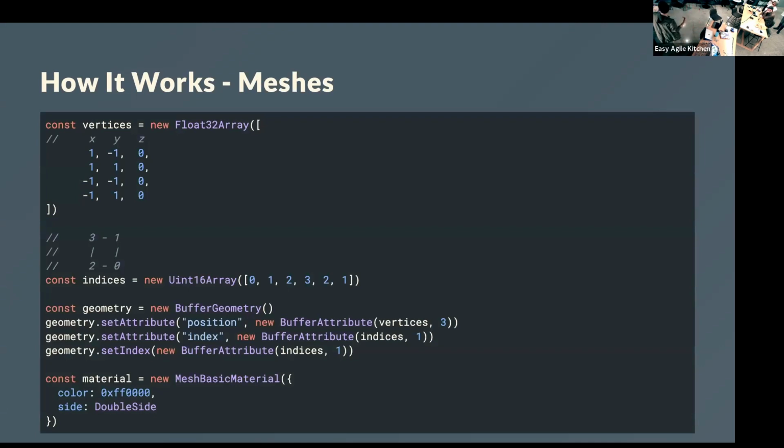Okay, so this is sort of how you would get into that. You would start by describing your vertices, just positions in space. We tend to think of them as buffers, like one float array of floats, or U16, so you want to make it as easy as possible to pass things between the GPU and CPU.